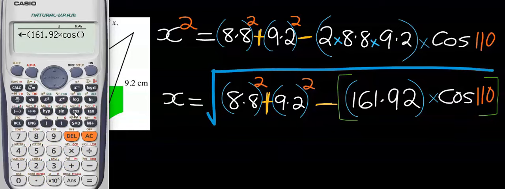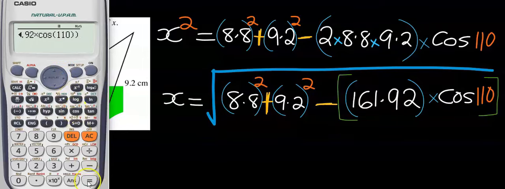Now you have to be very careful here. The cosine came up with an open bracket, hence we're going to have 110. We're going to close that bracket, which came from this first bracket. If you don't close that bracket, you end up having syntax error.